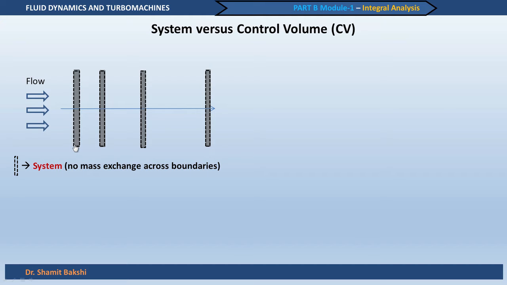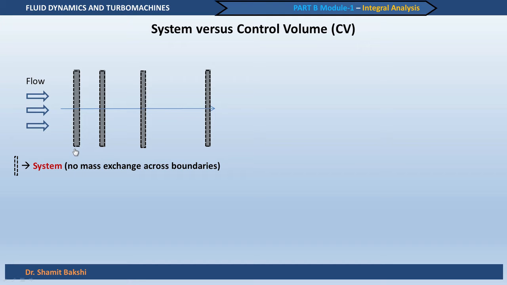It is not only for a boundary which bounds a solid that there is no mass exchange. You can also have a fluid bounded by a boundary with no mass exchange across that boundary. We will see that example.